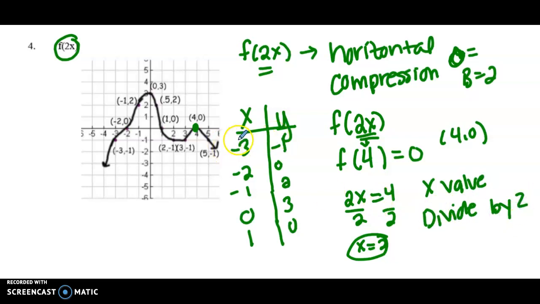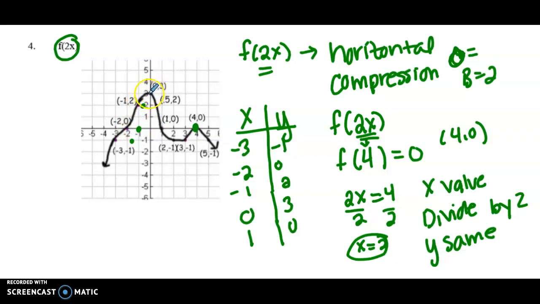None of your y values are going to change. The y values stay the same. All of your x values are dividing by 2. So this -3 would become -1.5. This -2 would become -1. This -1 would become -1/2.